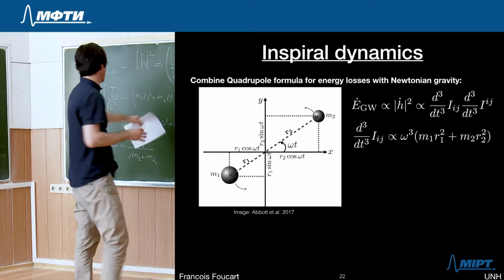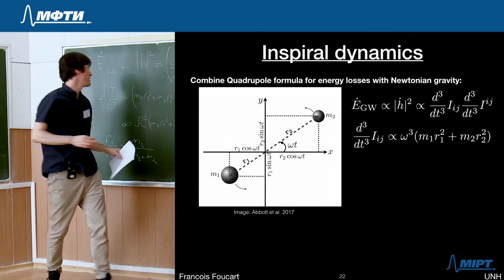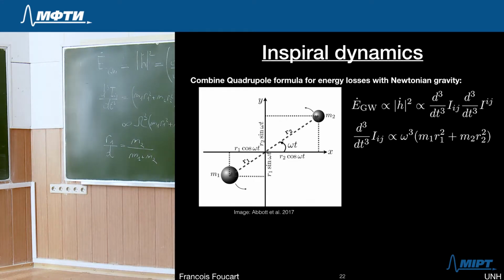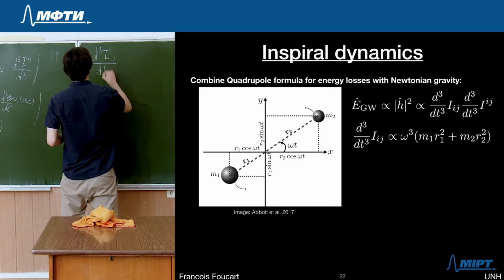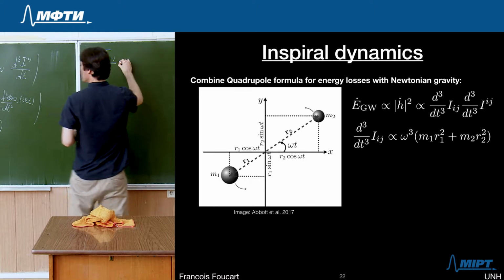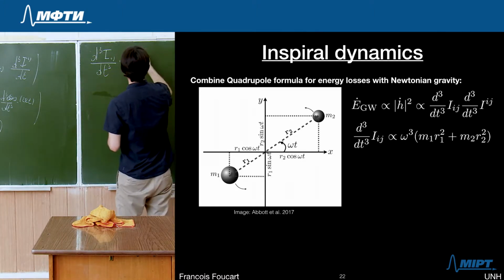And so I can replace R1 and similarly R2 in this formula and have that shown to omega cube.